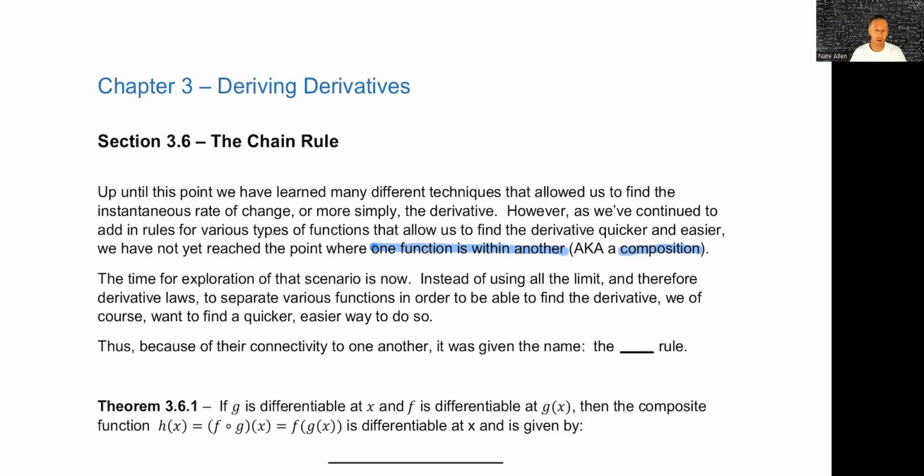And the name of it is obviously called the chain rule. The reason it's called the chain rule is because of the connectivity of one function within another.